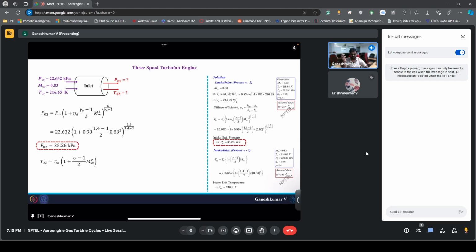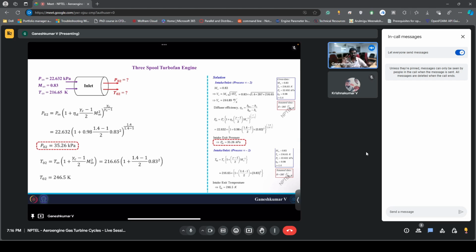So there is no difference until the HP compressor, because the Mach number, the velocity of the aircraft, is also the same, the inlet ambient temperatures are also the same, and the pressure ratios across the compressors are also the same.